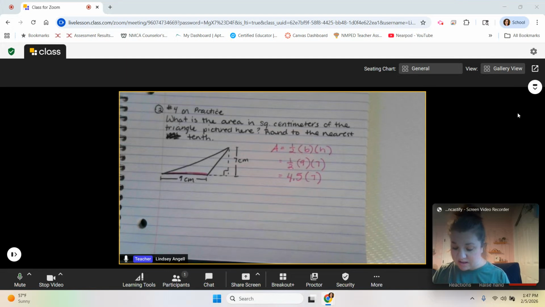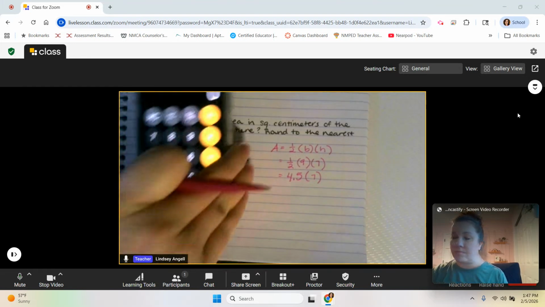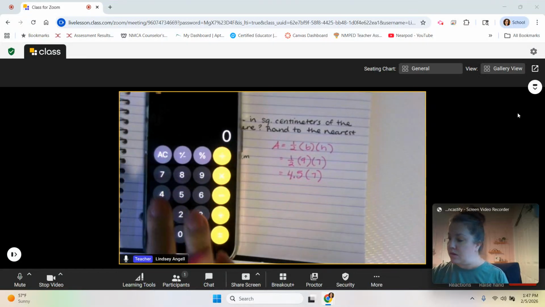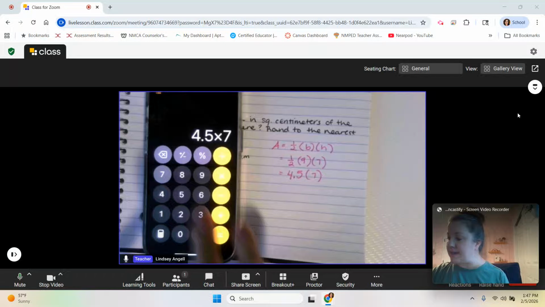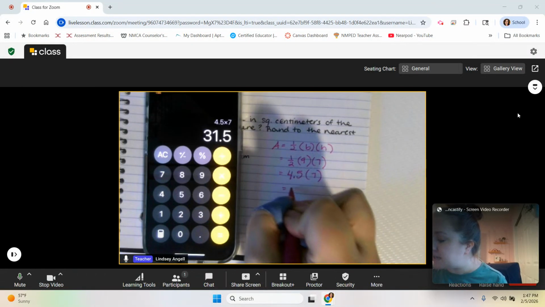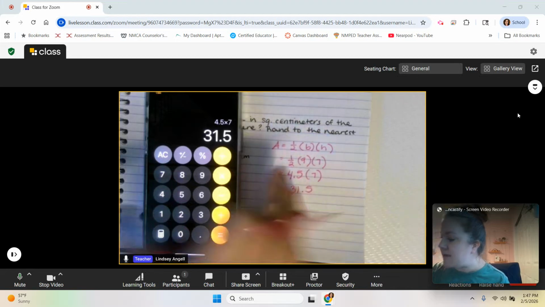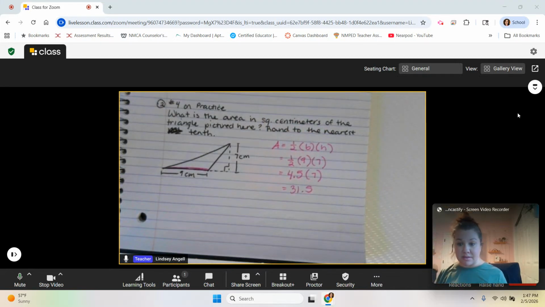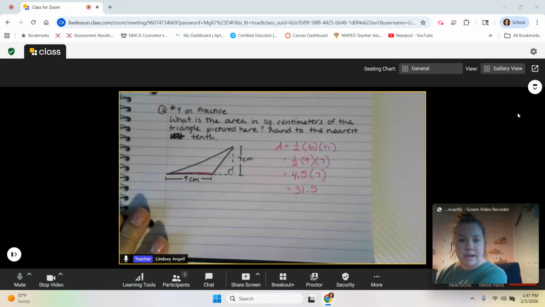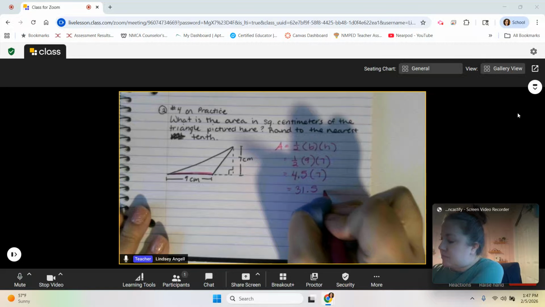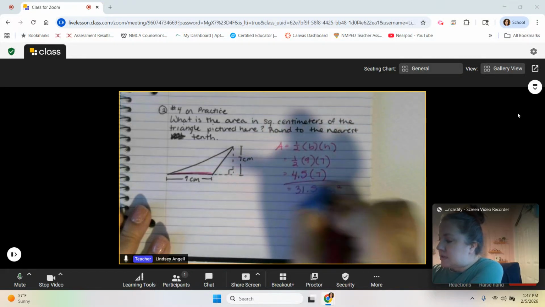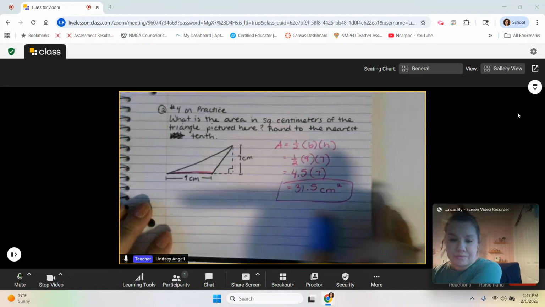I'm going to use a calculator. 4.5 times 7 gives us 31.5. It said to round to the nearest tenth. Awesome, that's where we already are. And the units were centimeters, so they would be centimeters squared.